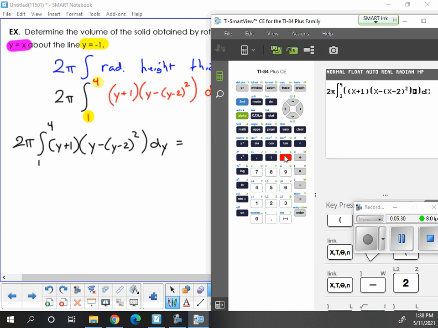And then I want dx. So again, 2 pi, my radius is x plus 1, my height is (x minus 2) squared dx. And I would change all those to y and it would give me the same result. 98.96 is going to be my approximate value. Analytically, we might get something a little bit prettier.